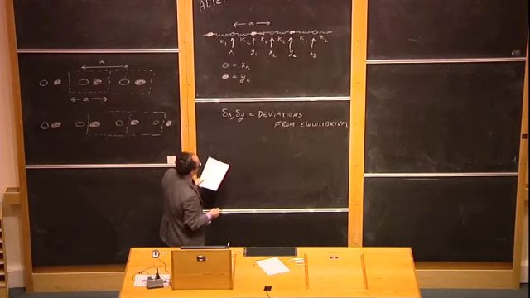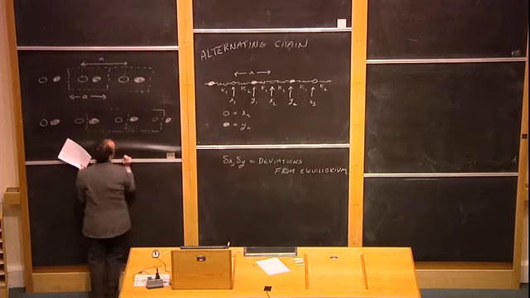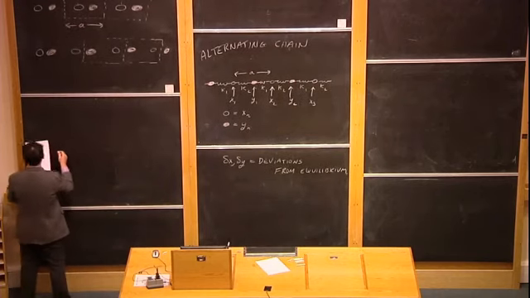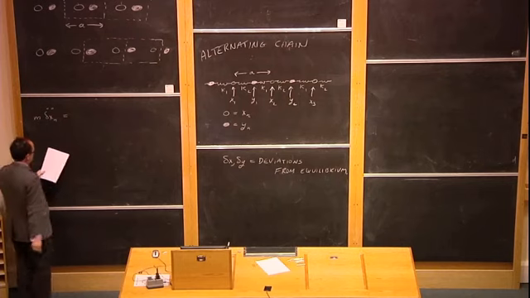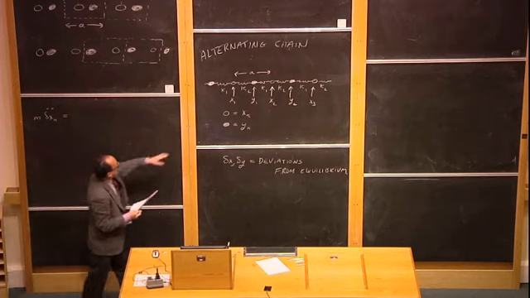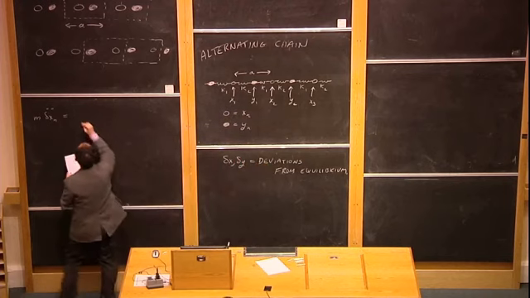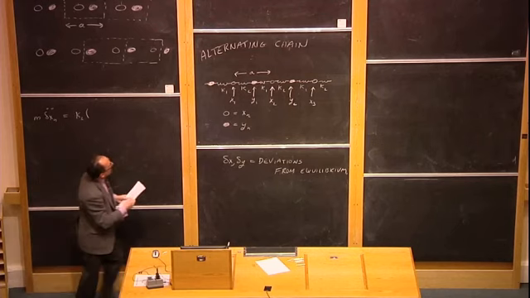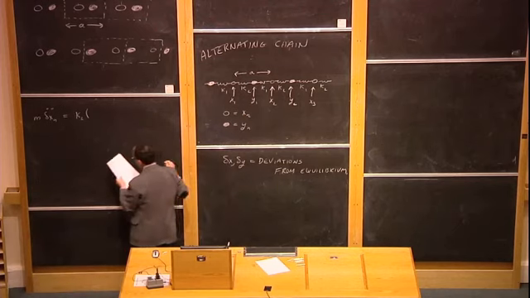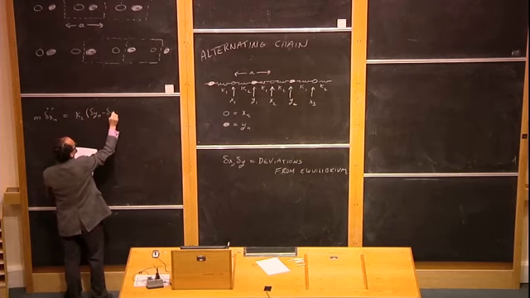So maybe I'll put it over here on another board. So mass delta x double dot, mass times acceleration, equals, we have to be a little bit careful here. On an x atom, a light atom, on the right it has a kappa 2, and on the right of an x atom is a y atom with the same number, so kappa 2 times delta y n minus delta x n.